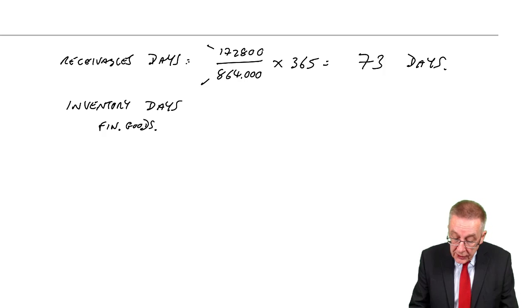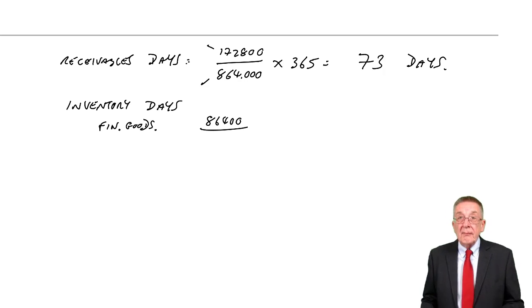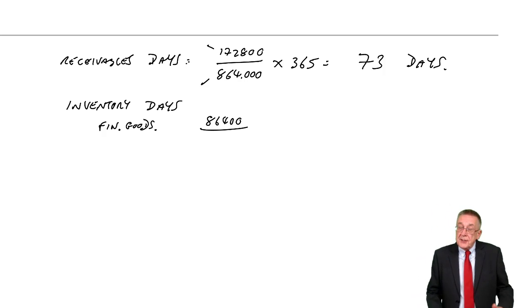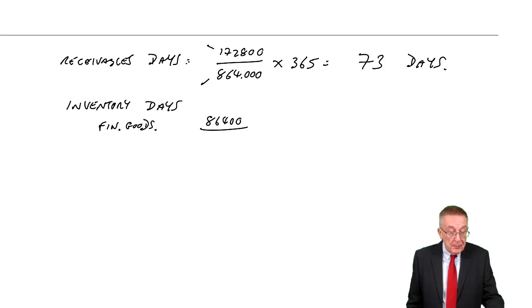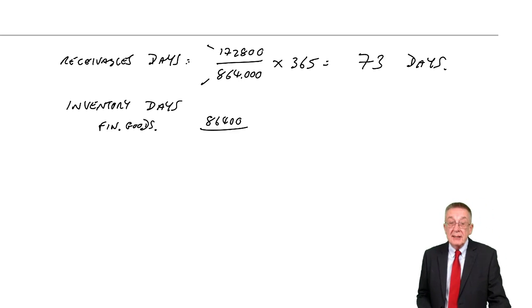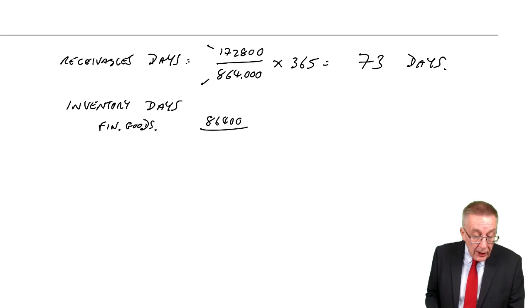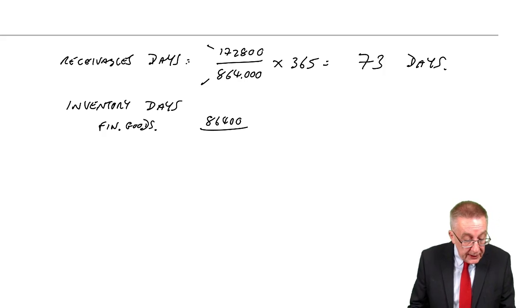And the inventories of finished goods are 86,400. Inventories, of course, are valued at cost, and so we take that as a proportion of the cost of sales. And the cost of sales in the question, 756,000.